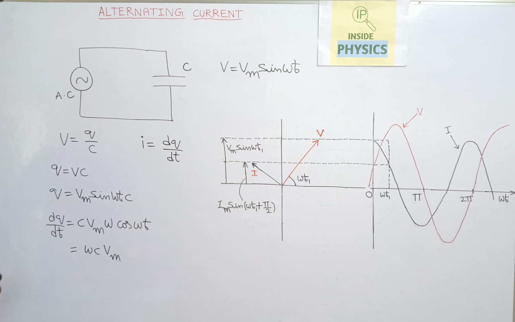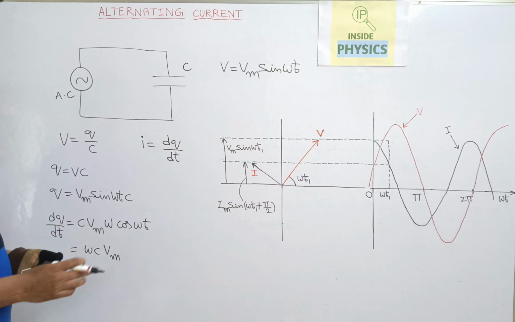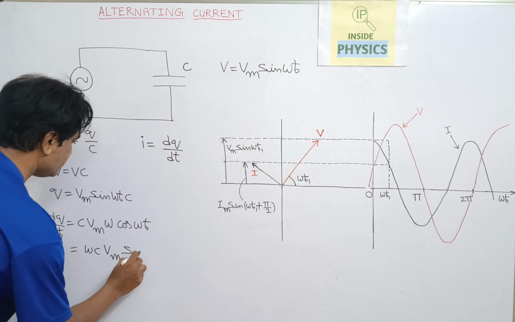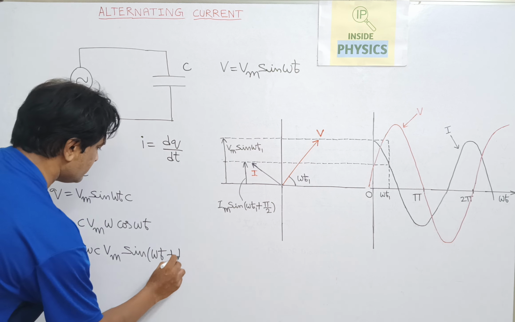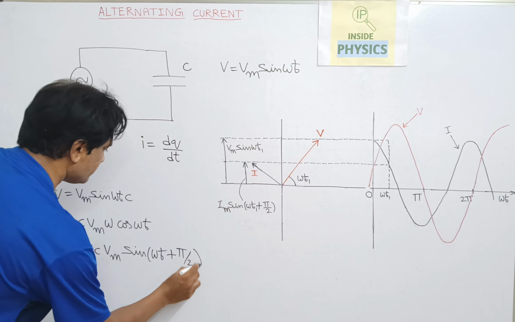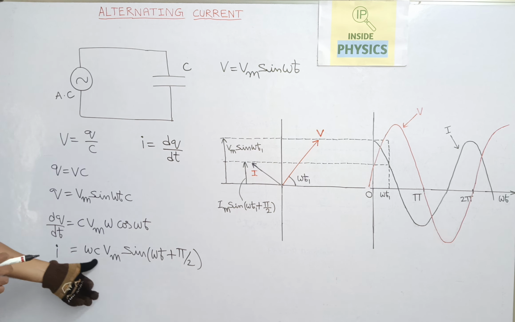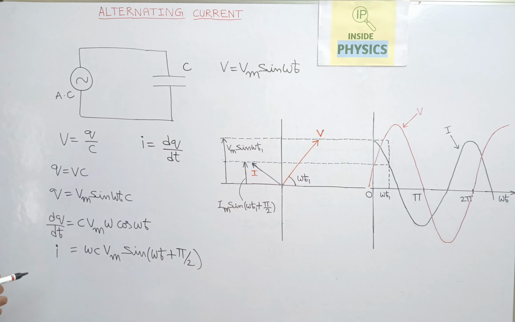Cos omega t can be written as sin of omega t plus pi by 2. So the instantaneous current is equal to omega C Vm sin of omega t plus pi by 2.